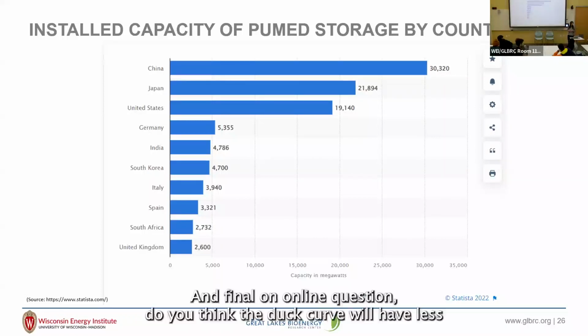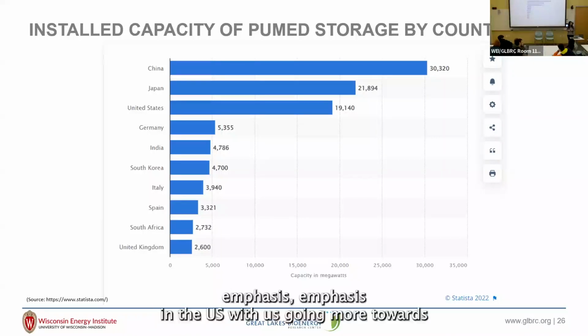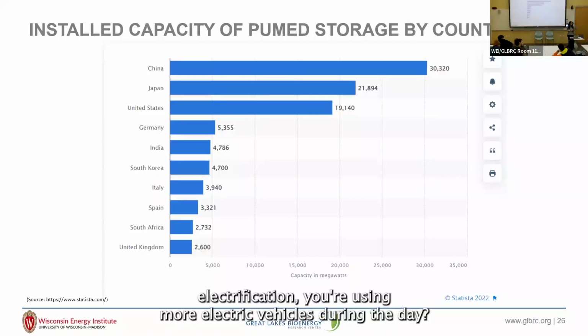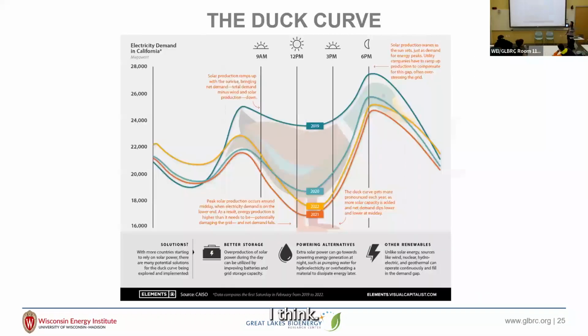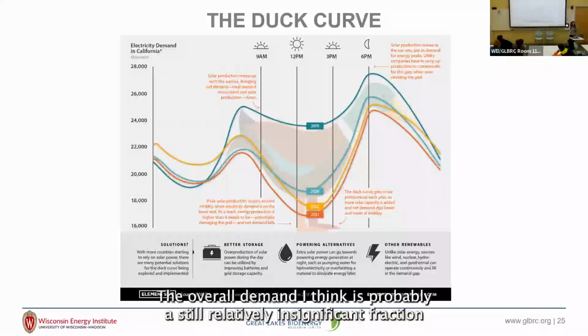Sure. And final online question, do you think the duck curve will have less emphasis in the US, with the US going more towards electrification, using more electric devices during the day, I think? I don't know for sure. I think if we go more into electrification, there will be more demand, but how much is that going to impact the overall demand?